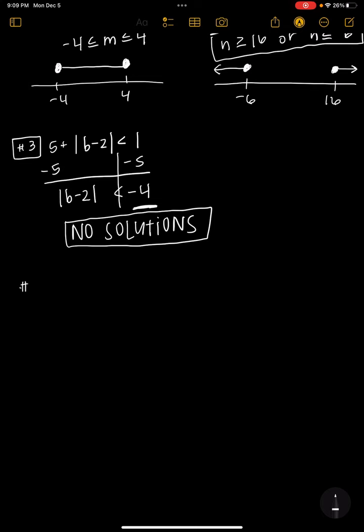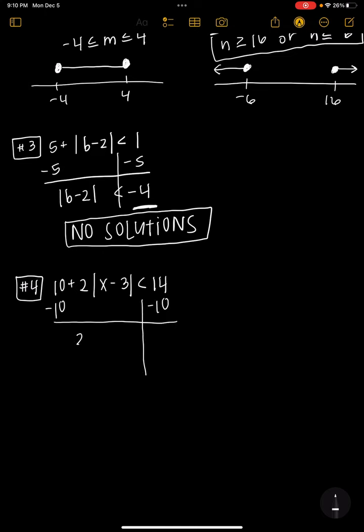Okay, and then number 4, or the last example, is 10 plus 2 times the absolute value of x minus 3 is less than 14. So in this case, once again, we're going to get rid of everything on the outside of the absolute values first. We're going to get rid of the 10 first by subtracting it.